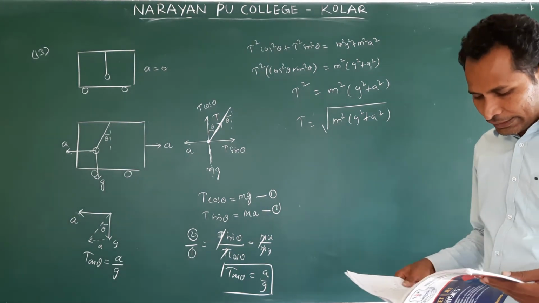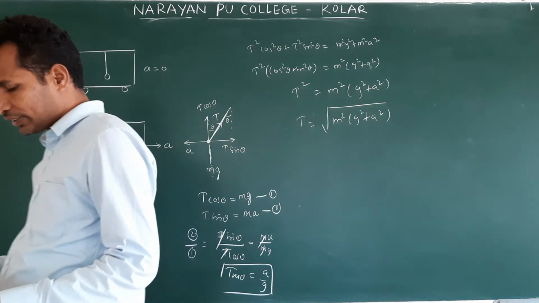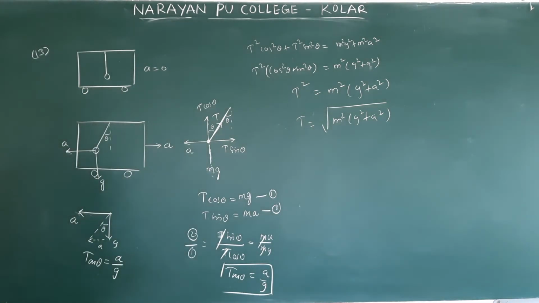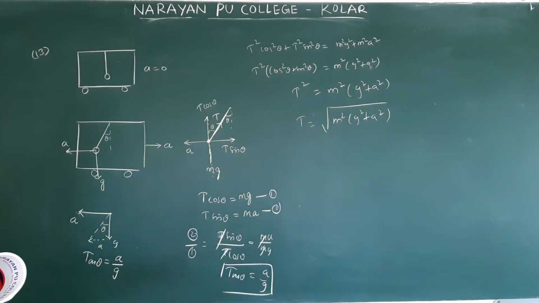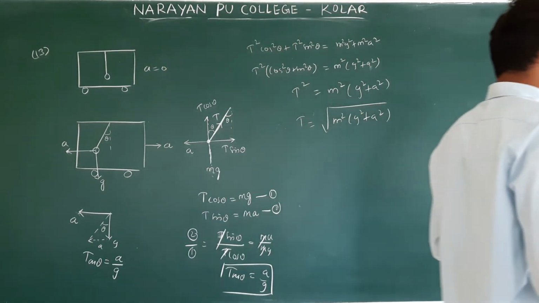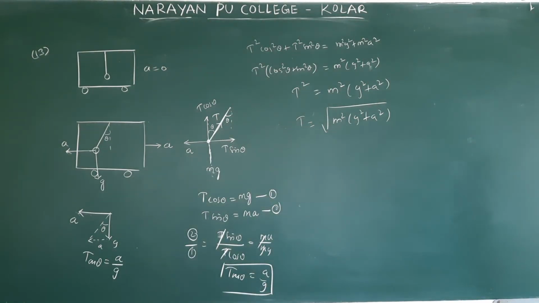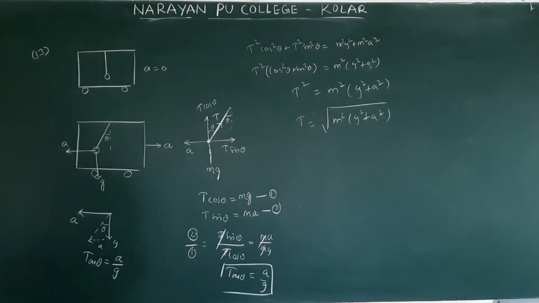Next, particle in equilibrium. So when the particle is at rest or it's moving with a constant velocity in an inertial frame of reference, the net force acting on it must be 0 along x-axis and along y-axis. Net force is 0. What is said to be in equilibrium? Okay, that we will see in example problem 14.